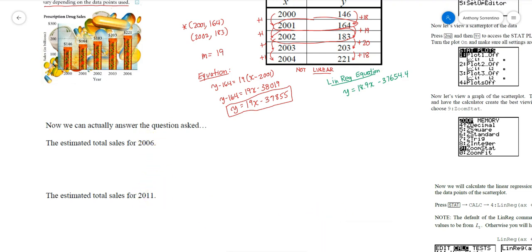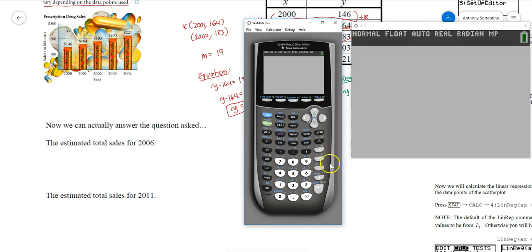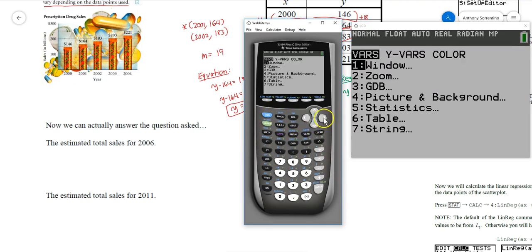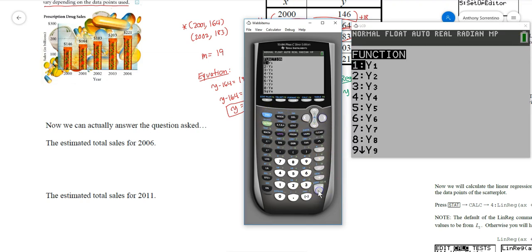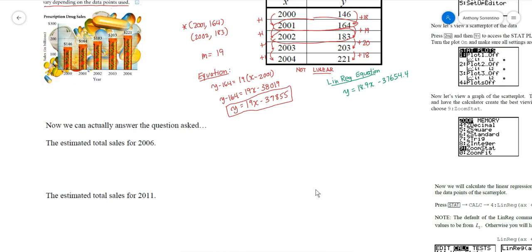So if I pull this up again, and go to variables, and go to y2, I just put in the year 2006, so I get 259. That means the estimated total sales for 2006 would be $259 billion.